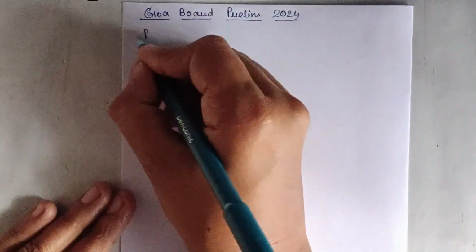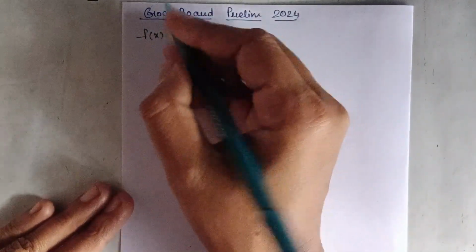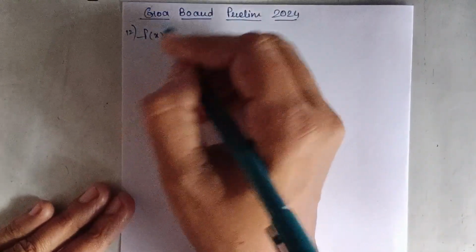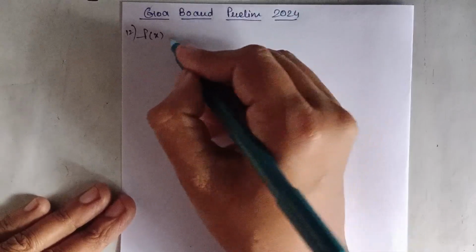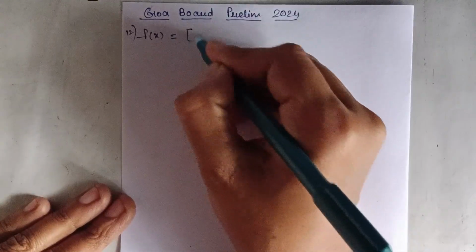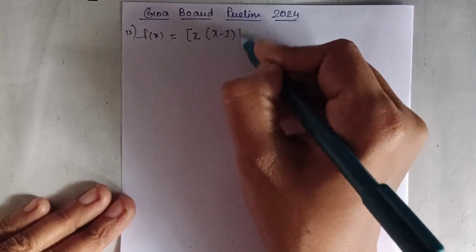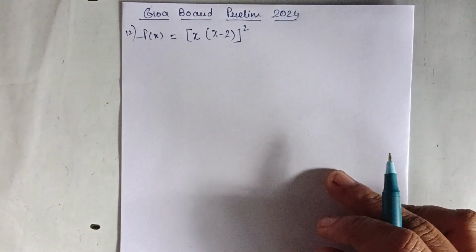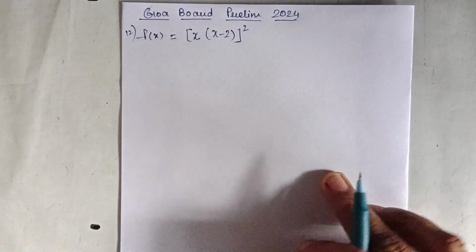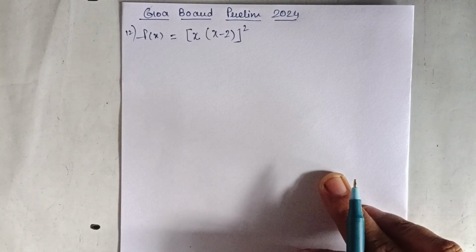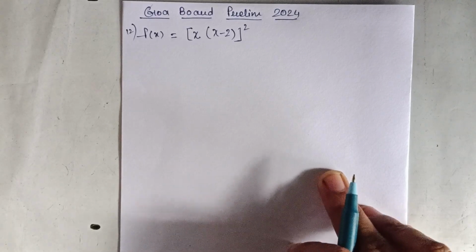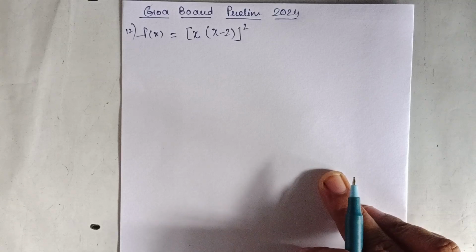The question is f(x) equal to, this is an OR question, x minus 2 the whole square. So to find strictly increasing, strictly decreasing, increasing, decreasing, yeah.